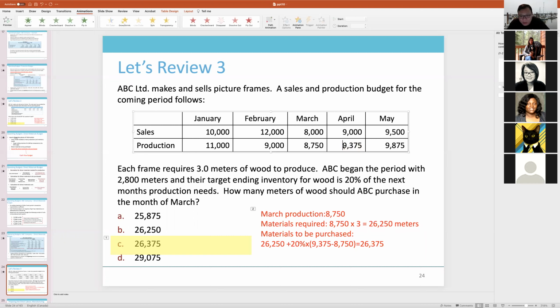So this number times 20%, that's the ending inventory of the materials. And this number times 20% will be the beginning inventory number, right? So when you do this calculation, 26,250 plus 20% times this difference, you get answer C.